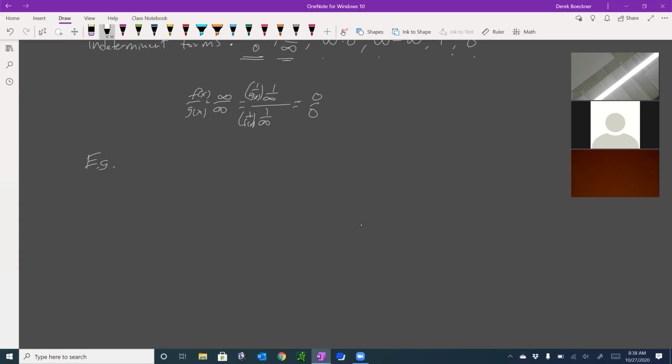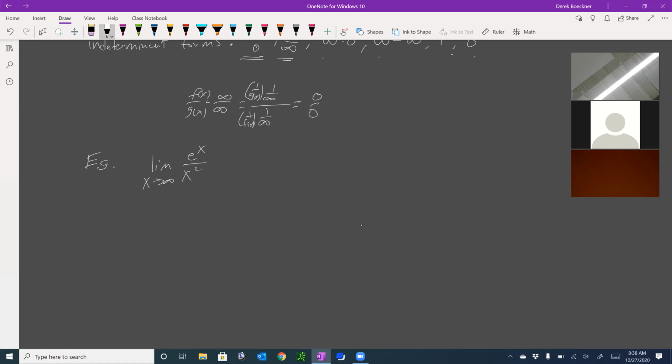See what example they use. Okay, let's look at the limit of e to the x over x squared as x goes to infinity, something like that. Right now it looks like infinity over infinity.